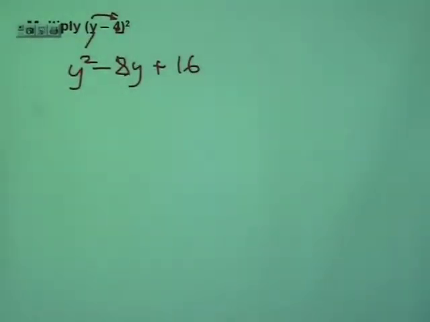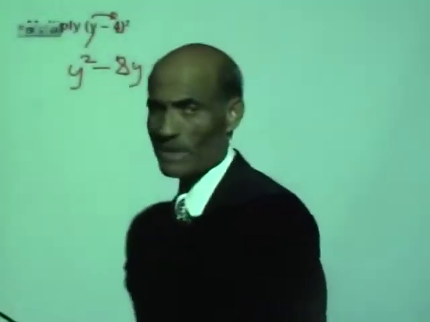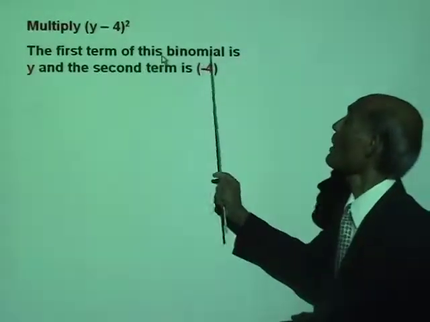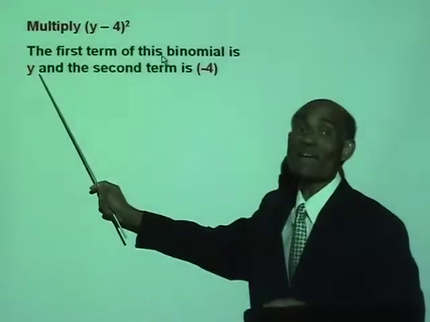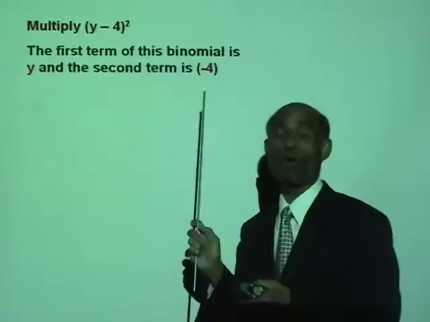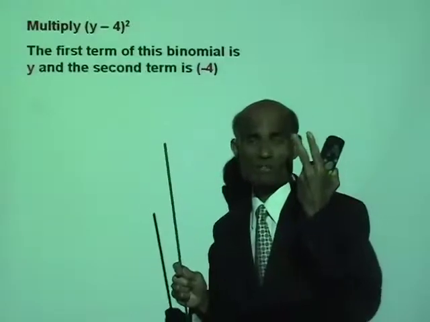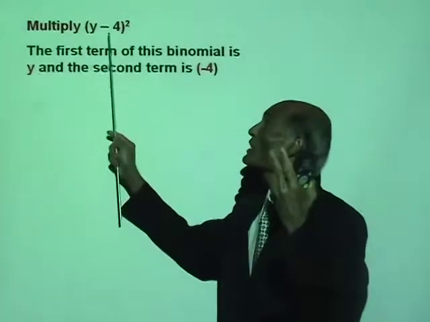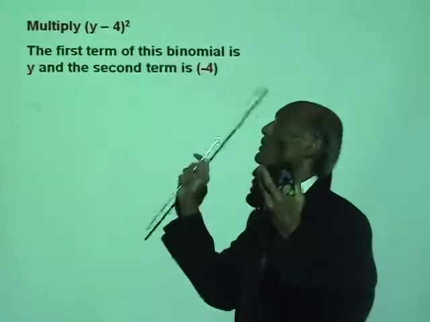It's actually that simple. Okay, let's write down these steps. The first term of this binomial is y, and the second term is negative 4.